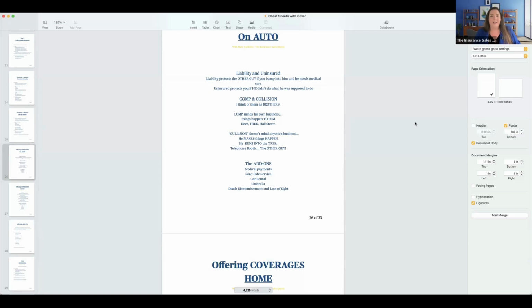Umbrella policies. I like umbrella a lot. And my reason for that is if I see an auto policy written at $250, $500, meaning $250 per person, $500 per occurrence, and then the rest of that would be $100 in property, but $250, $500 is the key there. If I see that on the auto side, I am going to ask if they already have an umbrella.